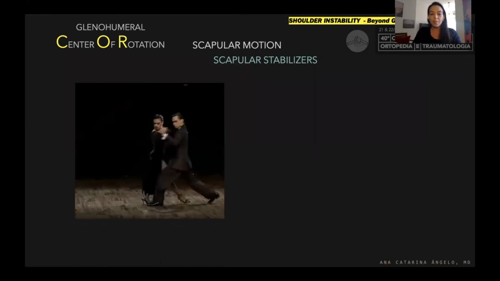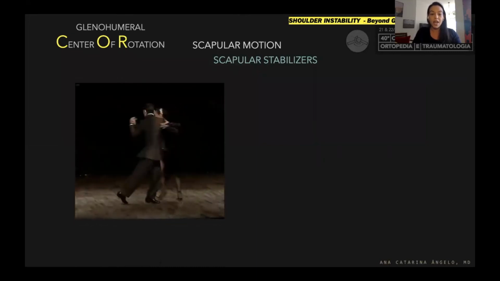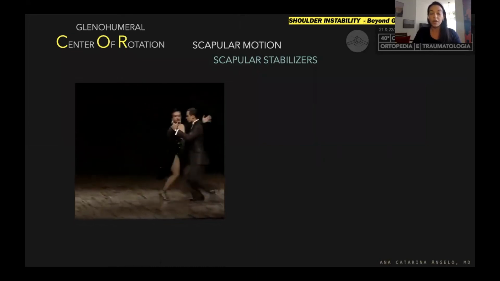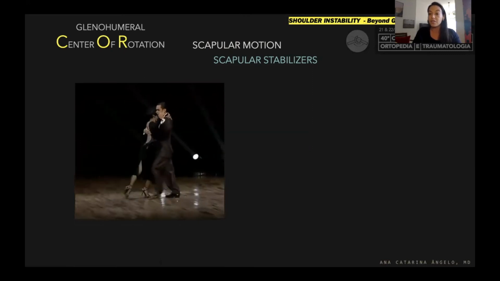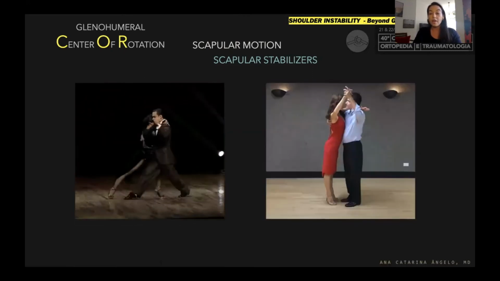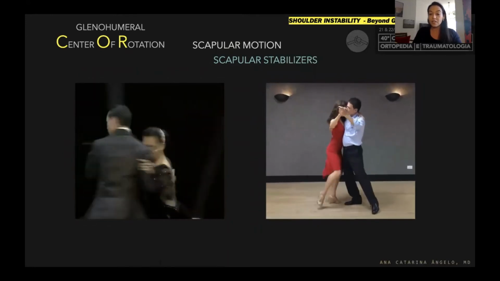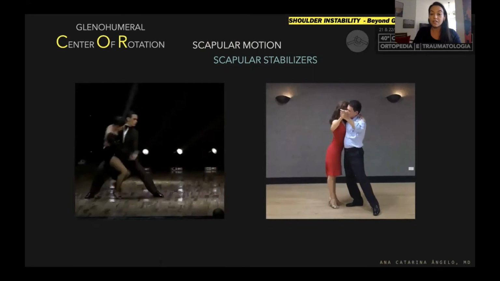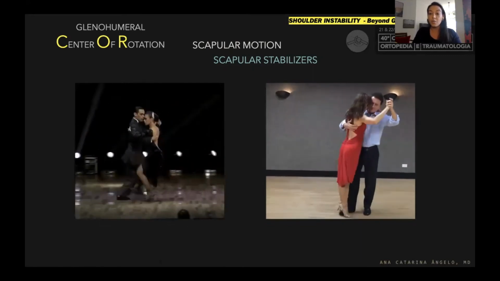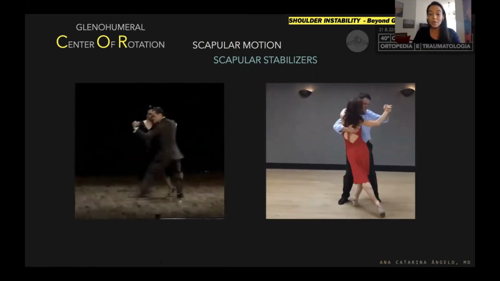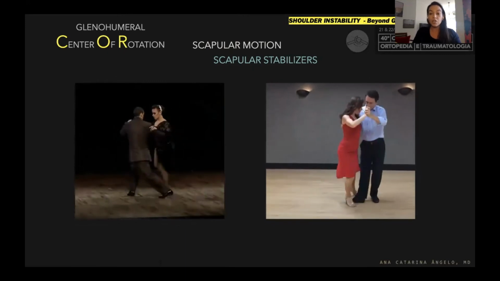So for this to happen, the scapular stabilizers have to be very coordinated. You cannot have an imbalance between retractors and protractors. When you do have an imbalance, what you have is a dancer that doesn't move and another dancer that does a lot of unnecessary movements, and this leads to impingement, pain, and lesion.